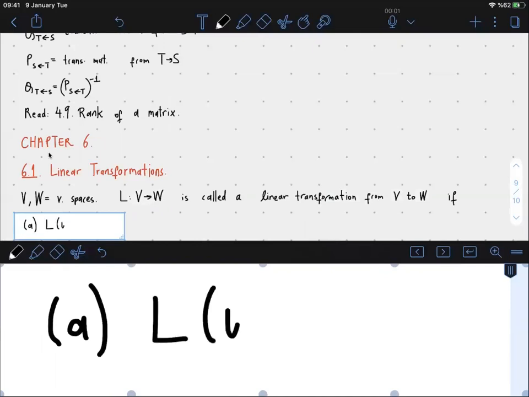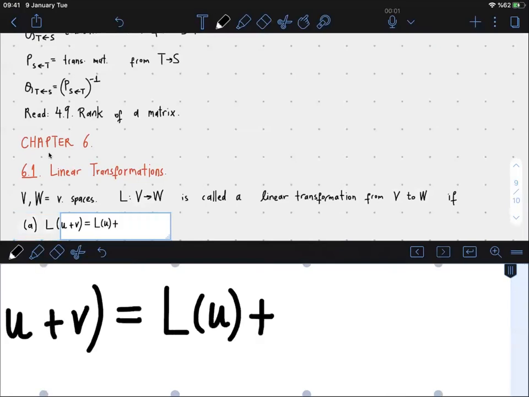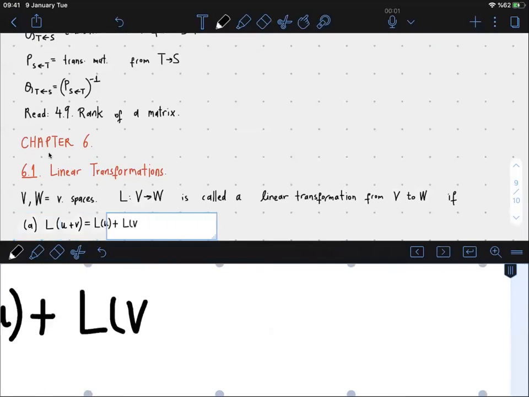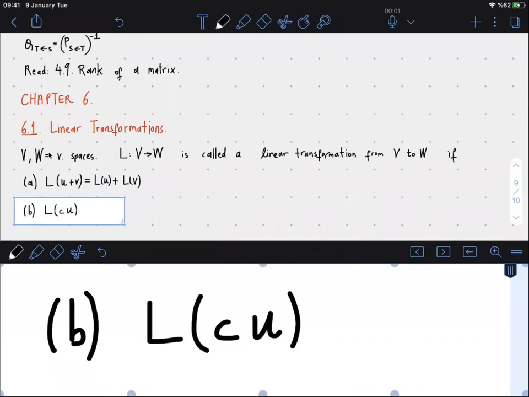The first condition really says that this mapping L respects vector addition, okay? So L(u + v) equals L(u) + L(v). This is the first condition. And the second condition says L respects scalar multiplication.